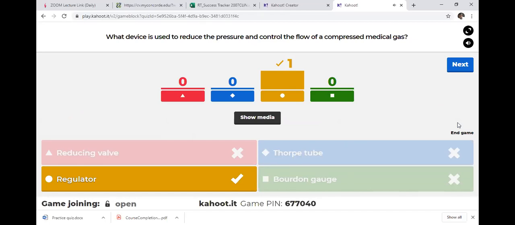All right. So only one person answered, and the answer was regulator. But only one person answered it. Guys, you have to put an answer in. Yeah, you can look at my screen on Zoom. All right, here we go.